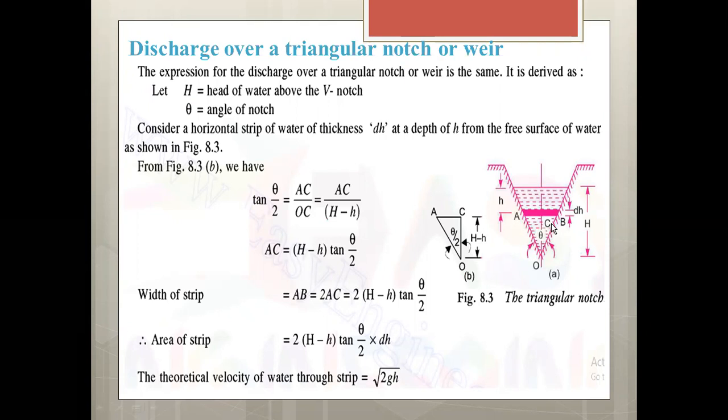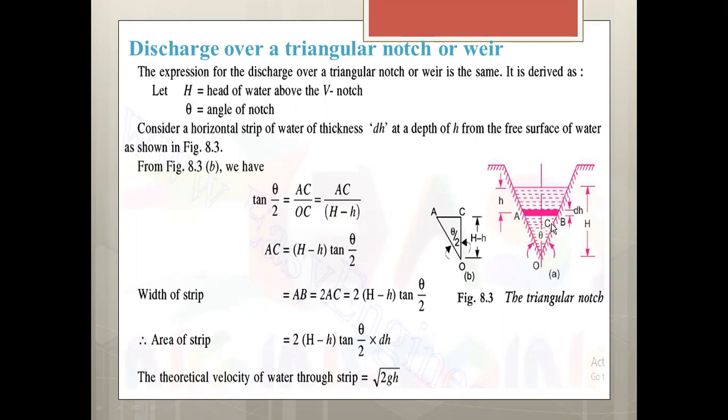as shown in figure. Now from figure we have tan theta by 2 is equal to AC upon OC. OC is equal to H minus small h. Hence AC equal to (H minus h) into tan theta by 2. Now width of the strip is equal to AB, which is equal to twice AC, and we know the value of AC.